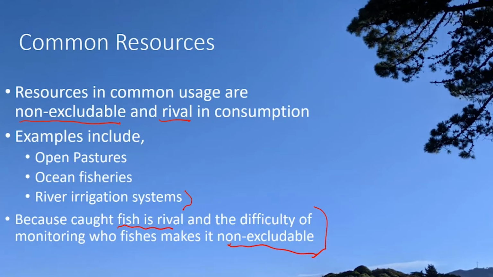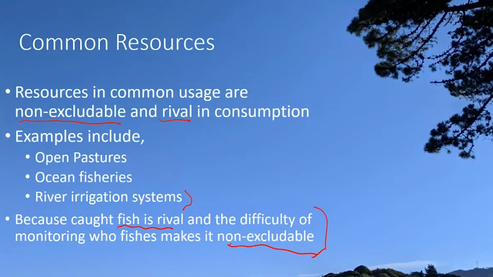They're also non-excludable, or at least it's difficult to exclude individuals from using these particular things. How do you monitor the individual boats that go out into the ocean and fish? How do you know who's out there and so forth? Same thing with pasture land that's open, that doesn't have fences around it. How do you monitor who's using it, whose cattle are out there? Or river irrigation systems.